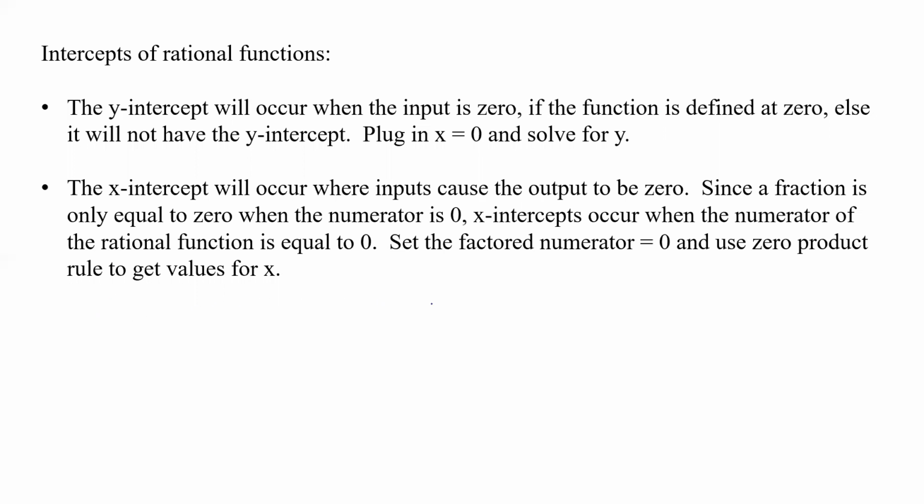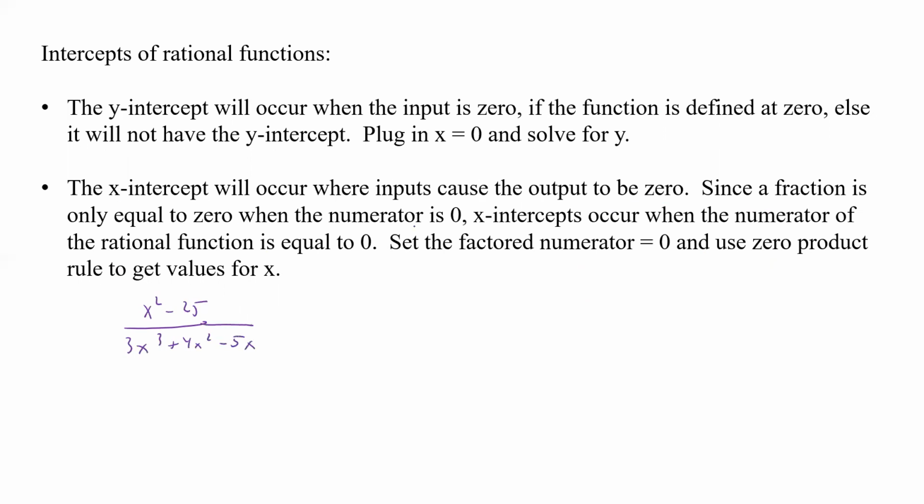Now, the x-intercept will occur where inputs cause the output to be 0. Since a fraction is only equal to 0 when the numerator is 0, x-intercepts occur when the numerator of the rational function is equal to 0. So we set the factored numerator equal to 0 and use the zero product rule to get values for x. We might have x squared minus 25 over 3x cubed plus 4x squared minus 5x.